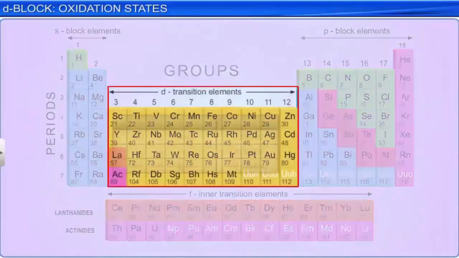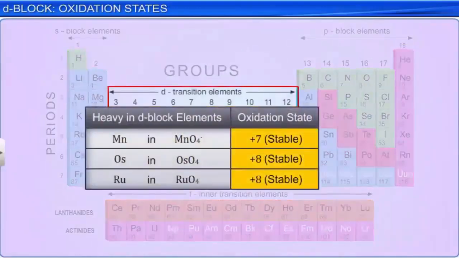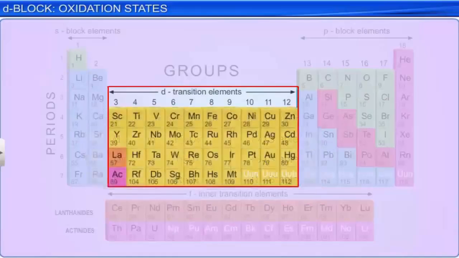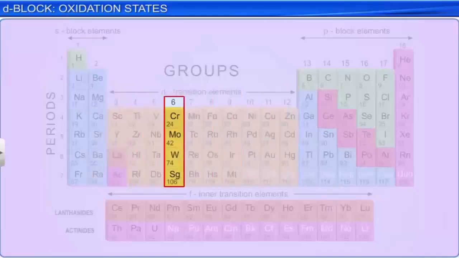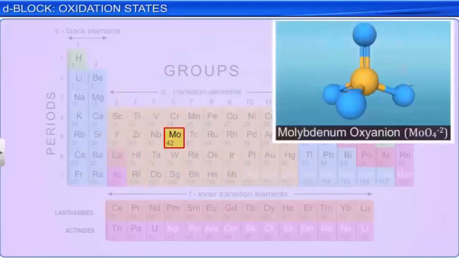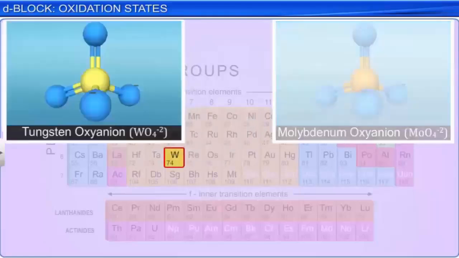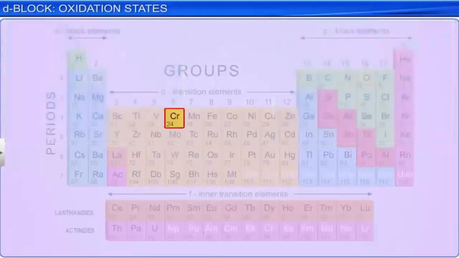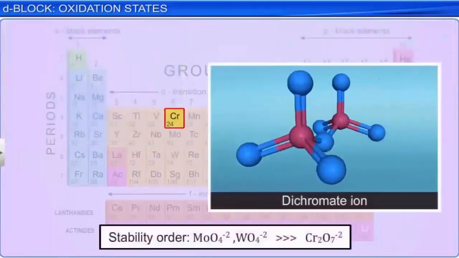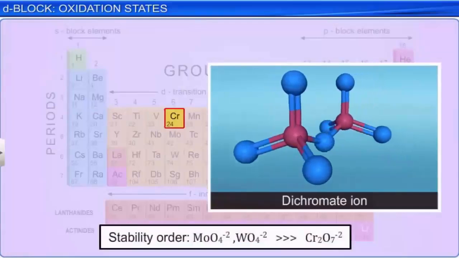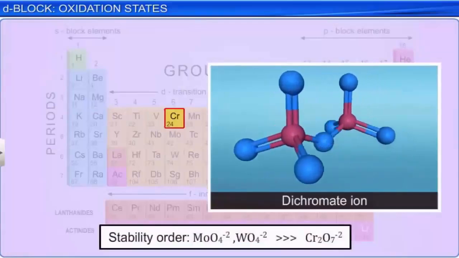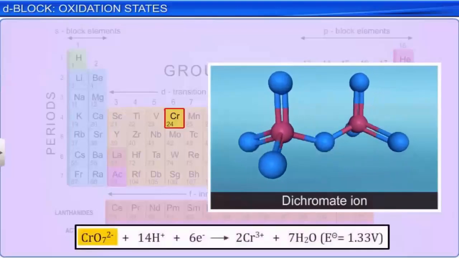For example, in group 6, molybdenum(VI) and tungsten(VI), in the form of their oxyanions, are found to be more stable than a dichromate ion, in which chromium is in its highest oxidation state of +6. Thus, a dichromate ion acts as a strong oxidizing agent in an acidic medium, while the oxyanions of molybdenum and tungsten do not.